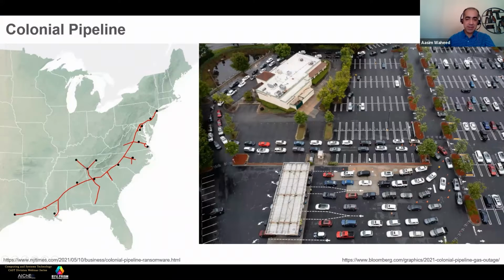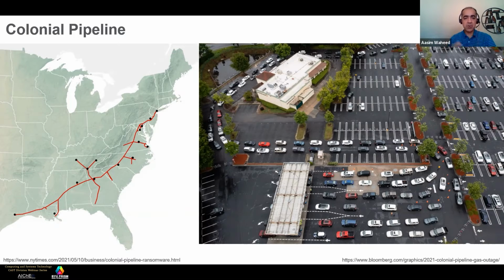The point was that it's all so well connected that when one pipeline goes down, the repercussions can be fairly large. We saw huge lines in front of gas stations, and this picture is from, I think, New York. Similarly, a few wells going down in any one location can cause disruption in many other parts of that infrastructure of oil and gas pipeline.